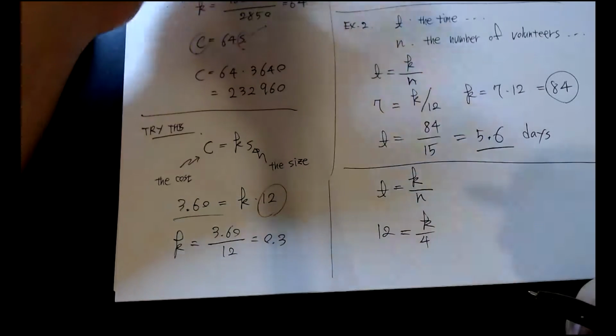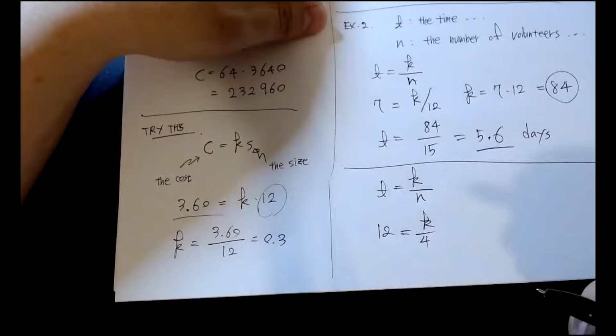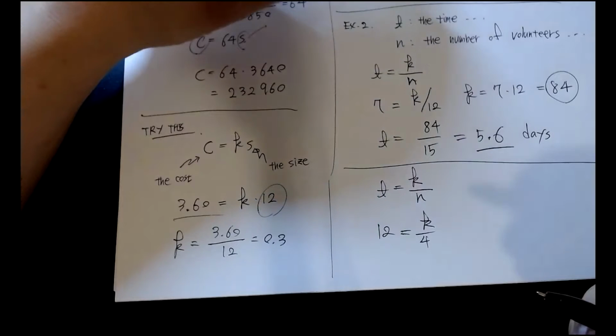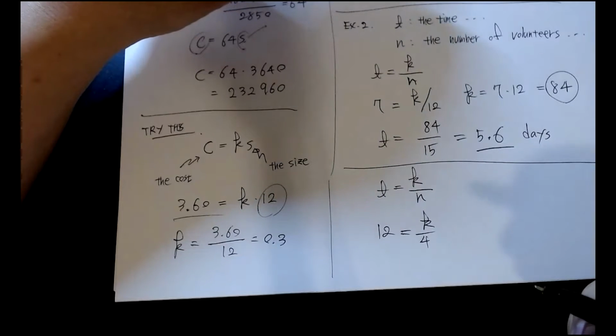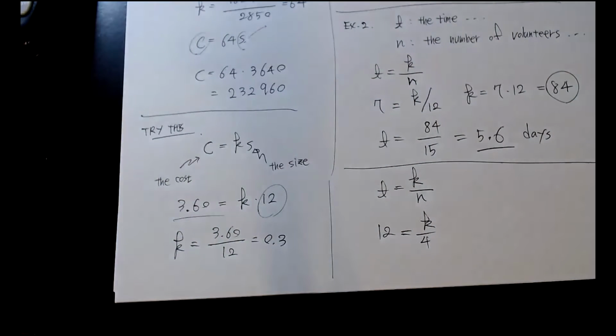So here the unit of time is hours. Sometimes days and hours are involved in the problems at the same time. For example, if 5 rakers can complete the job in 1 day and 12 hours, then you have to unify the unit of time, either days or hours.